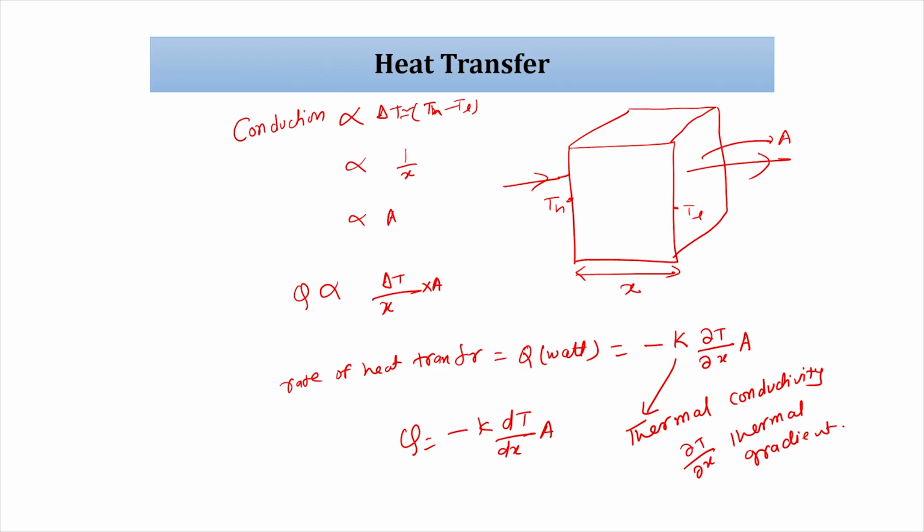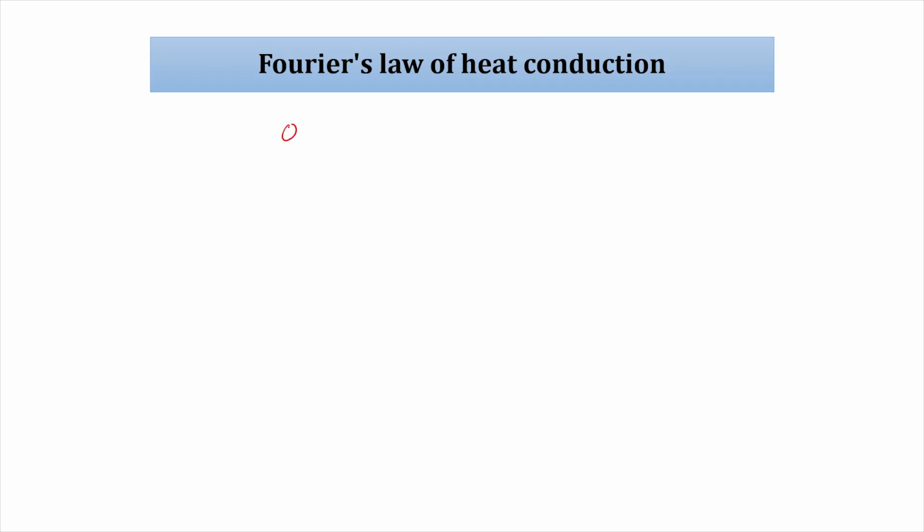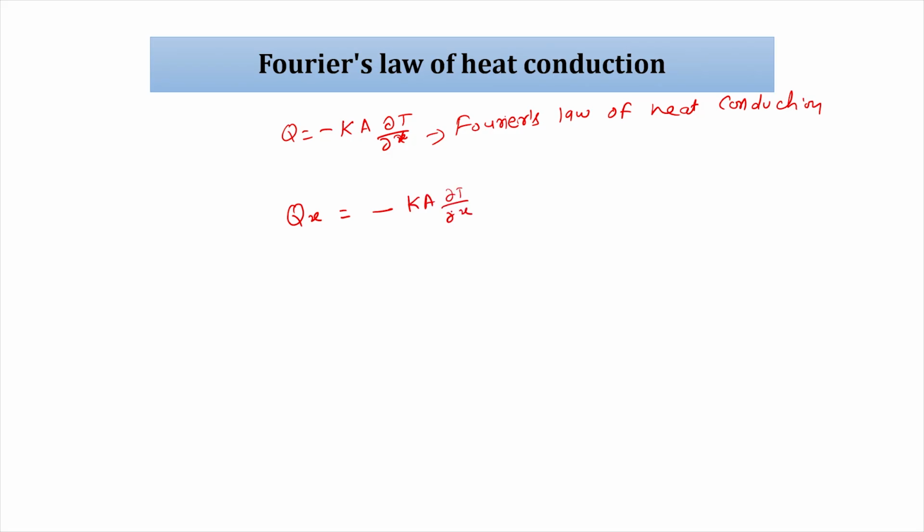So this law, Q equal to minus K A del T by del x, is known as Fourier's law of heat conduction. Now, in the x direction, Qx equals minus K A del T by del x.